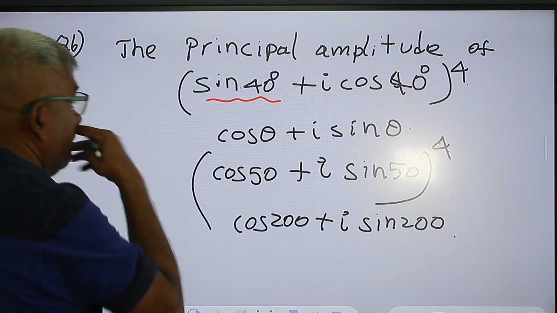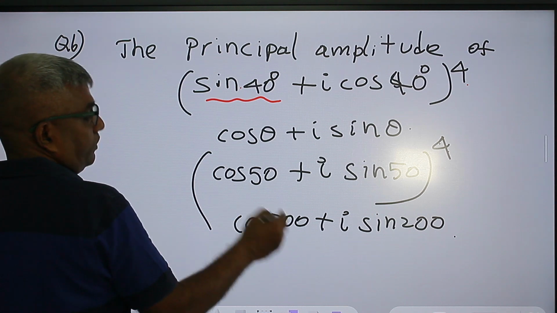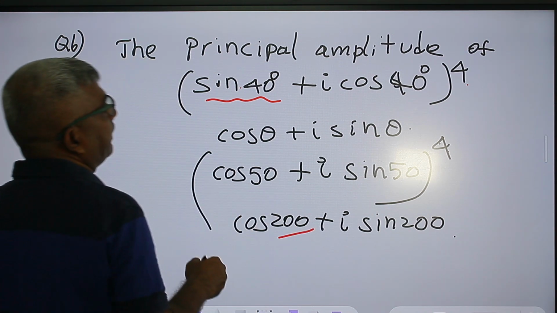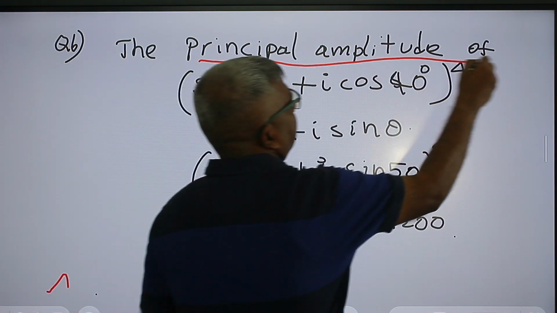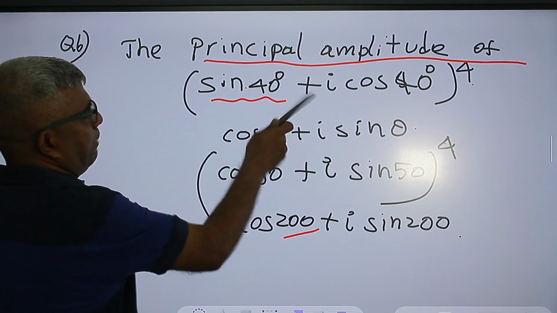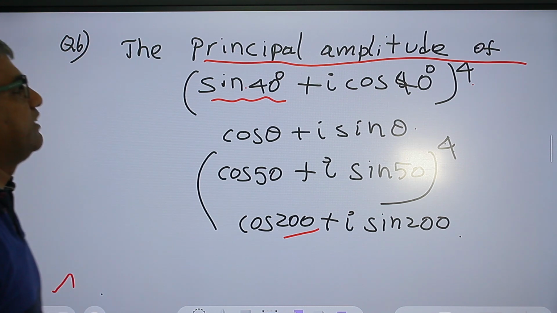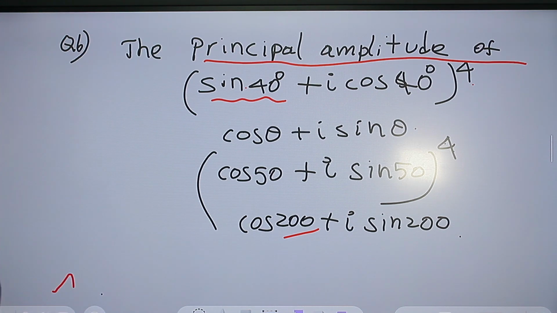Okay, but they are asking the principal amplitude, not the amplitude. The amplitude is 200 only. Principal amplitude means you should represent it between minus pi and plus pi.